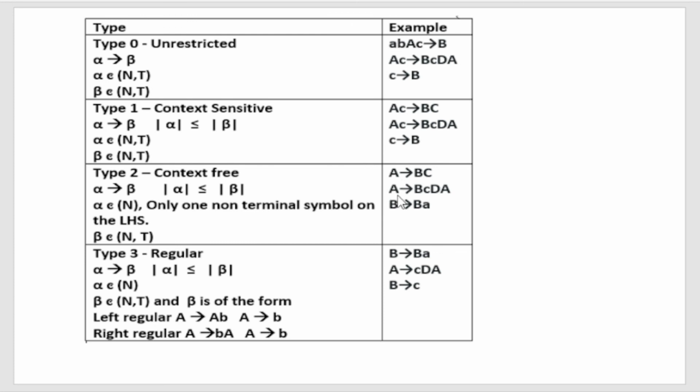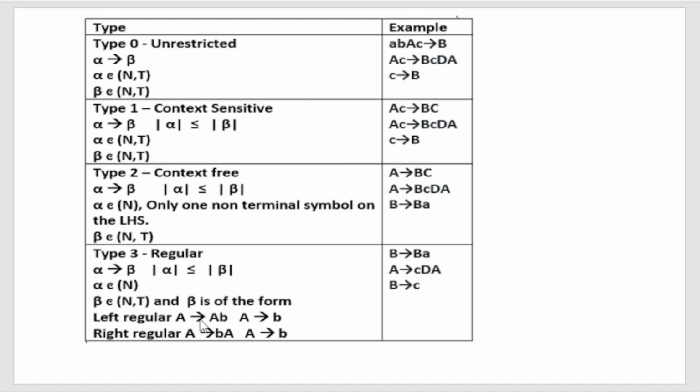The last one is type 3, or regular grammar, which has three restrictions. The first restriction is that the modulus of alpha is less than or equal to the modulus of beta. The second restriction is that alpha belongs to the set of non-terminals, with only one non-terminal on the left-hand side. The third restriction is that beta is of the form left regular or right regular.